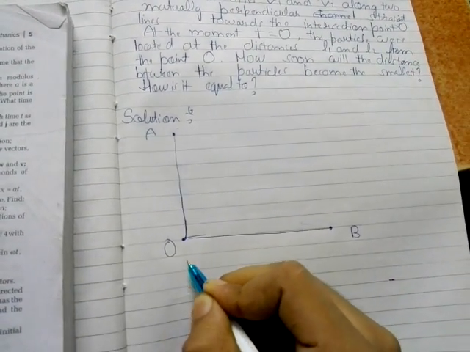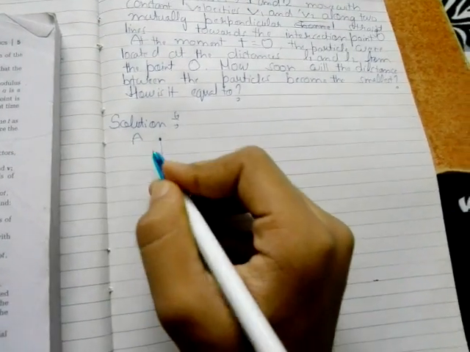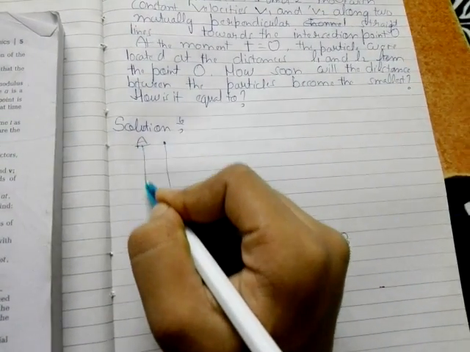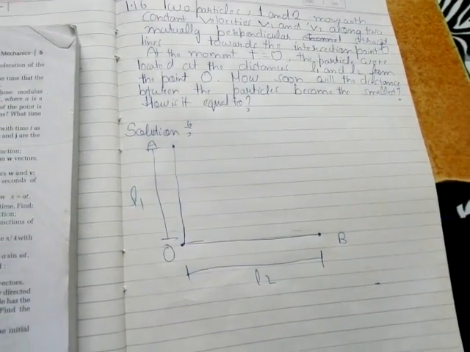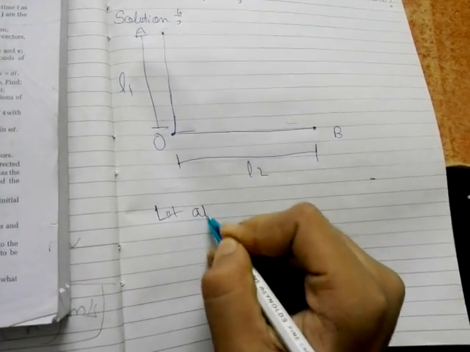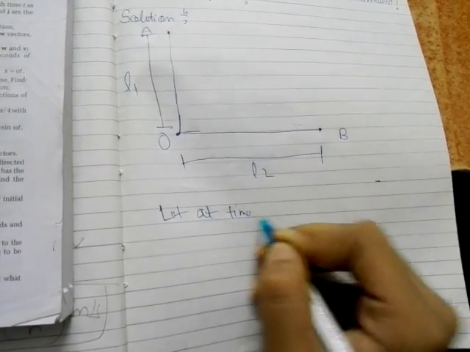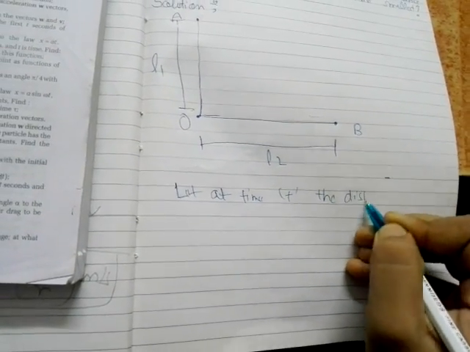This over here is equal to L2, and this over here is equal to L1. So let at time t the distance between the particles be shortest.